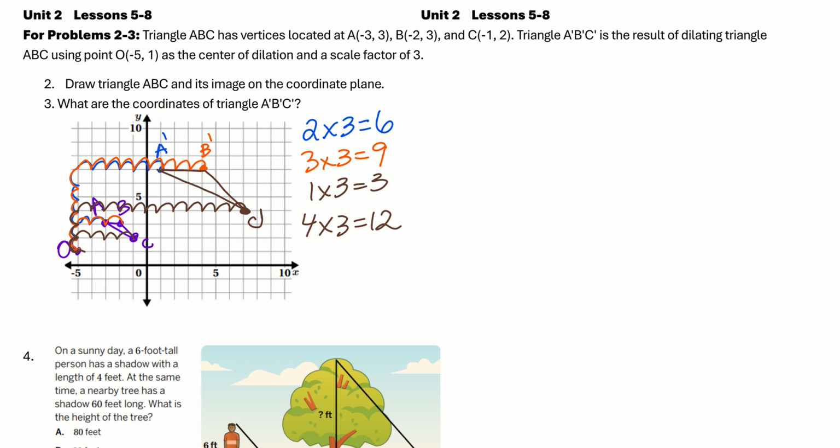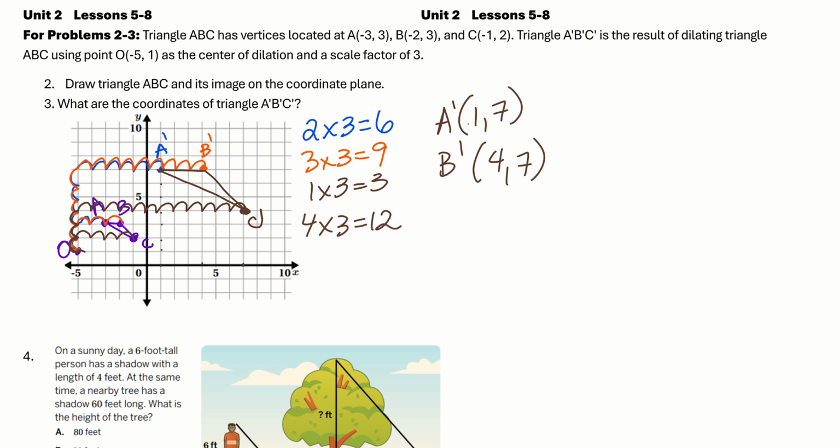It then tells me to label my coordinates. So A prime is at 1, and then 1, 2, 3, 4, 5, 6, 7. So it's at 1, 7. B prime is at 4, and then also 7. So 4, 7. C is at 6, nope, that's 7.